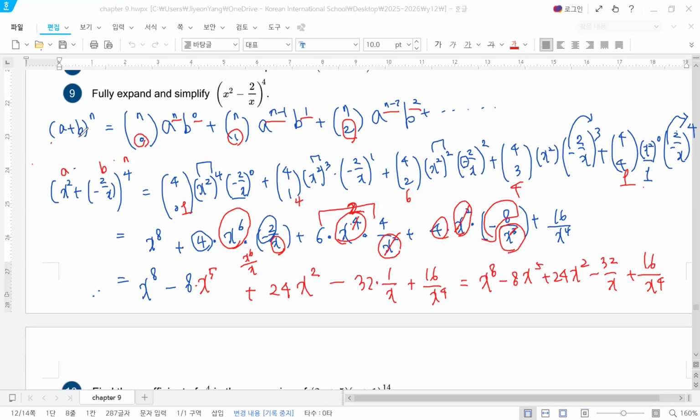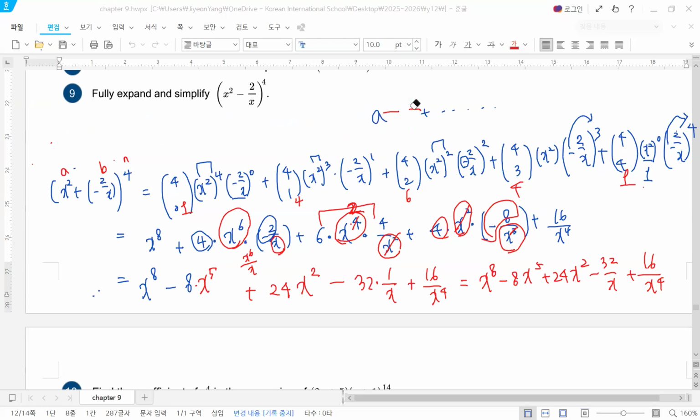And then I am going to show you how to solve this question by using Pascal's triangle. Pascal's triangle: firstly 1; 1 1; 1 2 1; 1 3 3 1; 1 4 6 4 1.